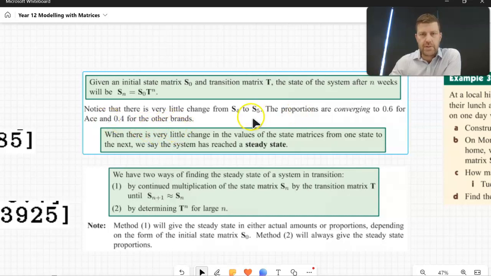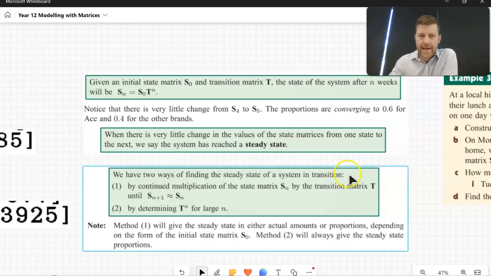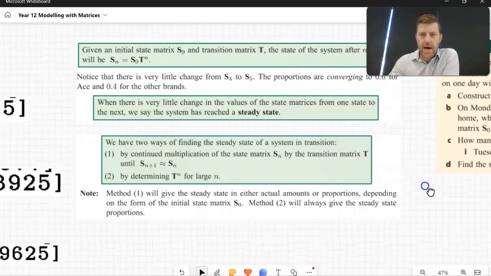Okay, so we saw there was little change from 4 to 5 weeks. They are converging to 60% and 40%, 60% for Ace and 40% for other brands. So like we said, we say it's reaching a steady state. Now there's 2 ways to find the steady state of a system.